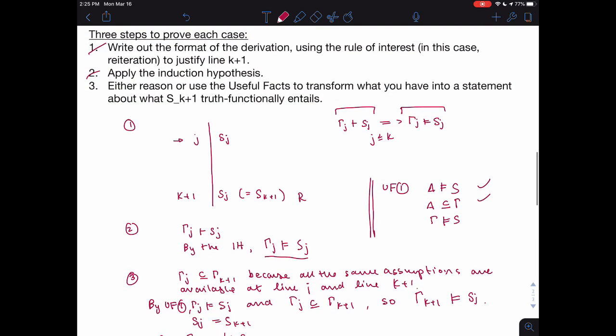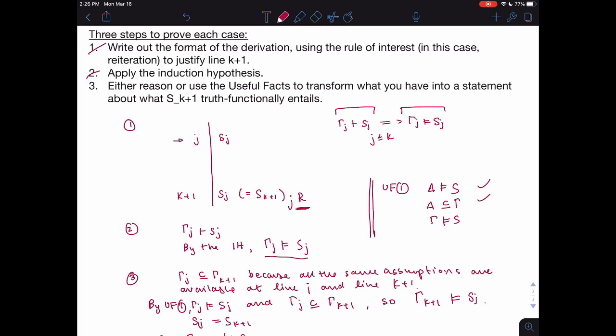Again, it was just 3 steps. First, we wrote out the format of the derivation using the rule of interest, in this case reiteration, to justify line k plus 1. We justified line k plus 1 using R. I would actually put in the line justification there, so it's reiteration of line j. In step 2, we applied the induction hypothesis, so we took a claim about derivability that fell within the scope of the induction hypothesis, and changed that into a claim about truth functional entailment.